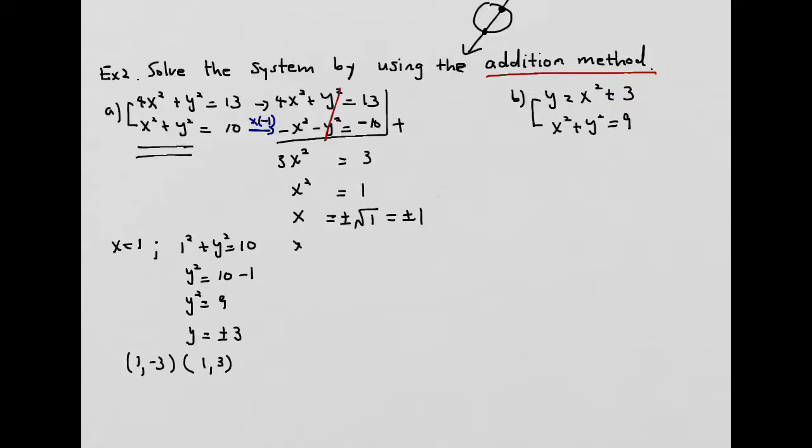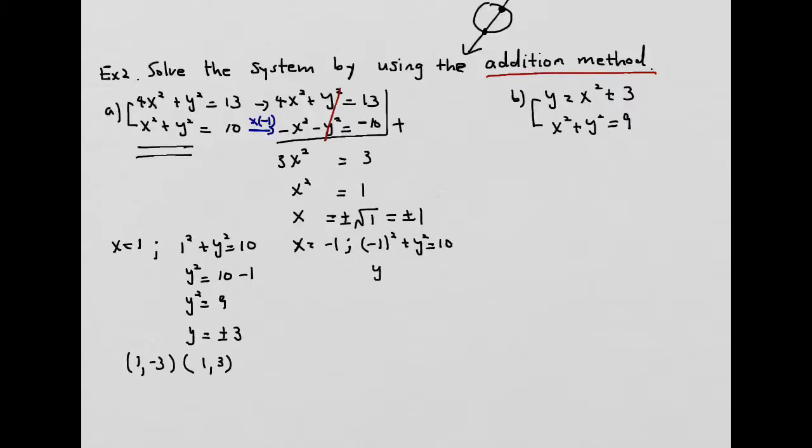Let's see, what about when X is negative 1? You replace it into X squared plus Y squared equal to 10 again. You have negative 1 squared plus Y squared equals 10. Looks like you're squaring a negative, so you're going to get exactly the same thing as what I had when X is positive 1.